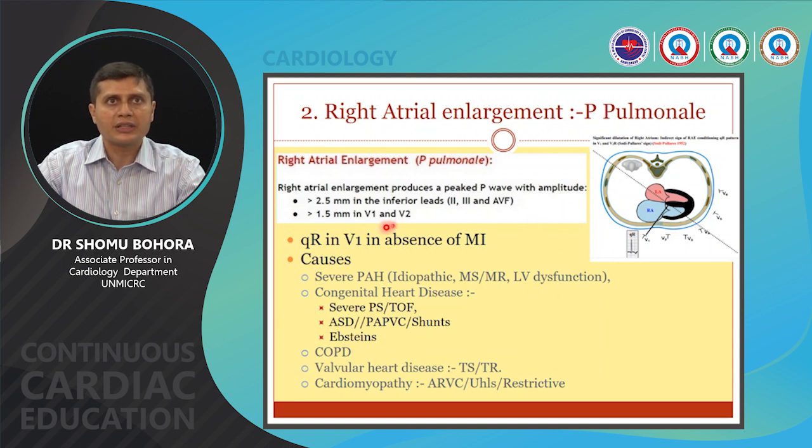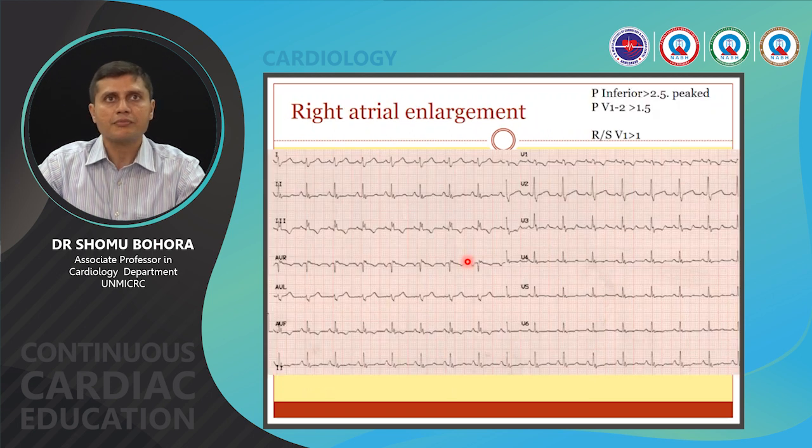Along with that, a QR in V1 in absence of MI is also considered as right atrial enlargement. The causes include severe PAH, congenital heart disease including severe PAH, TOF, ASD, PAPVC, shunts, Ebstein's anomaly, COPD, valvular heart diseases like TS and TR, and cardiomyopathy which includes ARVC, Uhl's anomaly and others.